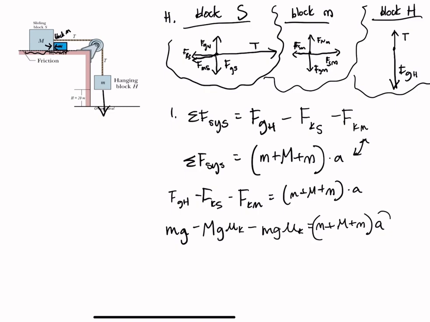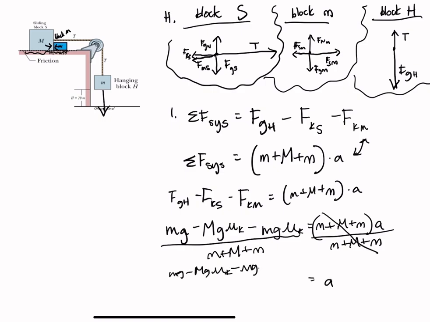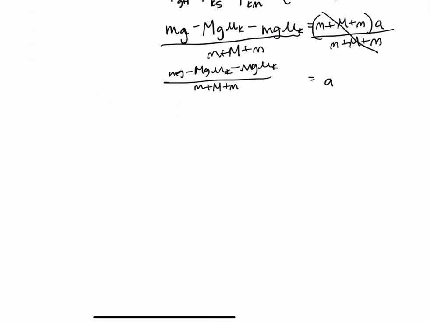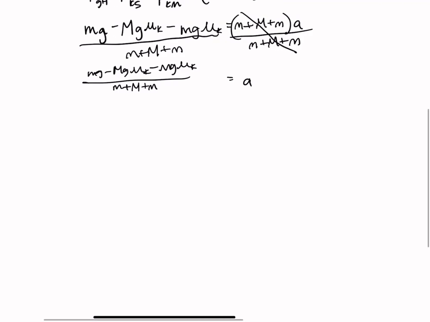Now we're asked to solve for a, so we're going to isolate it by dividing both sides by the total mass so that these can cancel out. Okay, and we're given the values of each variable, so let's just substitute those in.